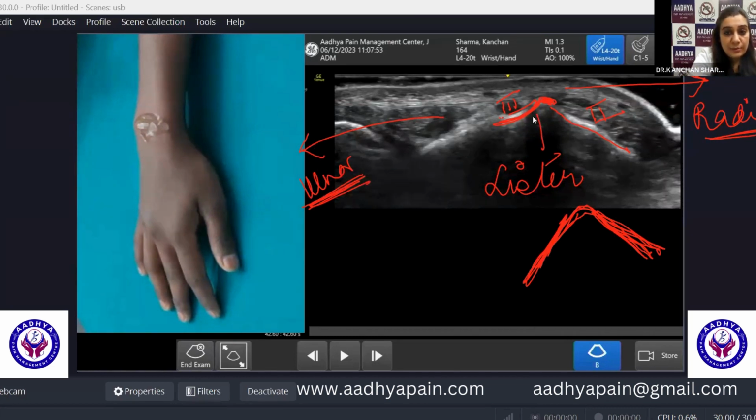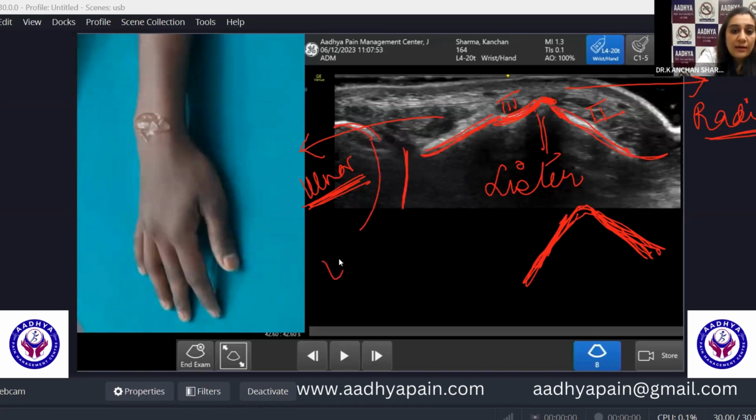Now this is the Lister tubercle, which is a hyperechoic structure casting an acoustic shadow. This is the one limb, this is the other limb. What we are basically seeing is the dorsal aspect of the distal radius. Same here on this side, and then there is a gap, and then there is again bone.